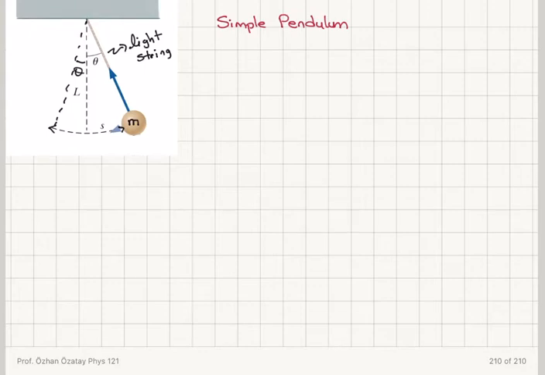It will keep oscillating around this axis so that this angle will be theta. And what I would like to know is, for this oscillation, what will be the period of small angle oscillations.